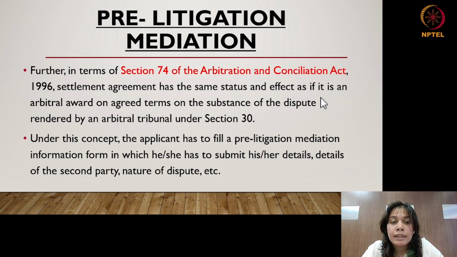Further, in terms of Section 74 of the Arbitration and Conciliation Act 1996, a settlement agreement has the same status and effect as if it is an arbitral award on agreed terms on the substance of the dispute rendered by an arbitral tribunal under Section 30.